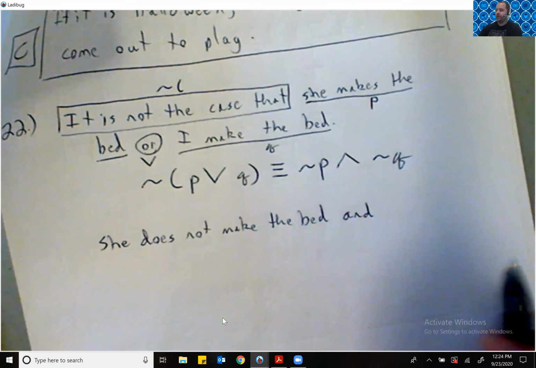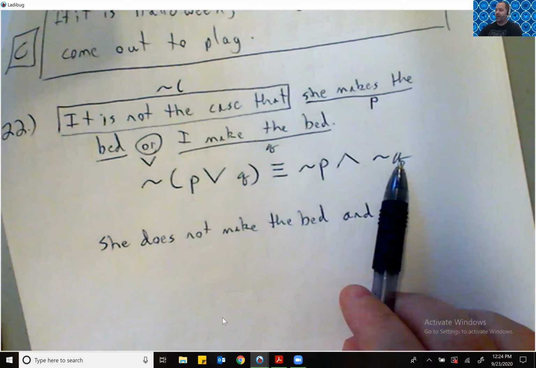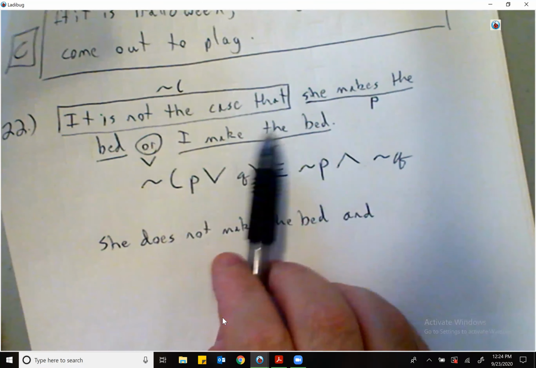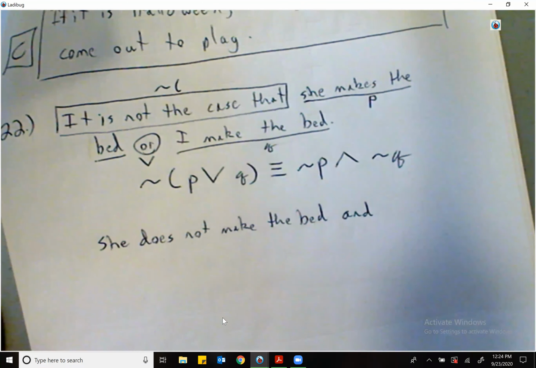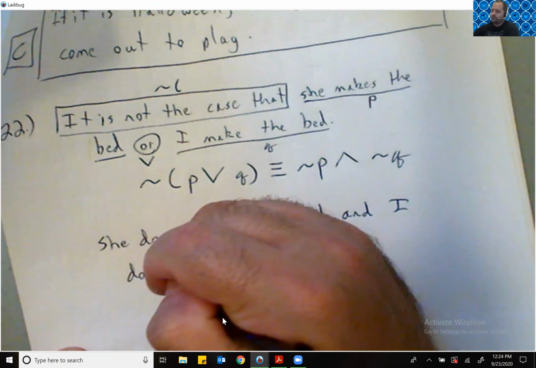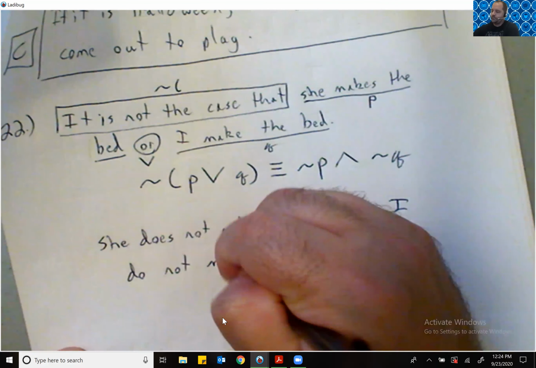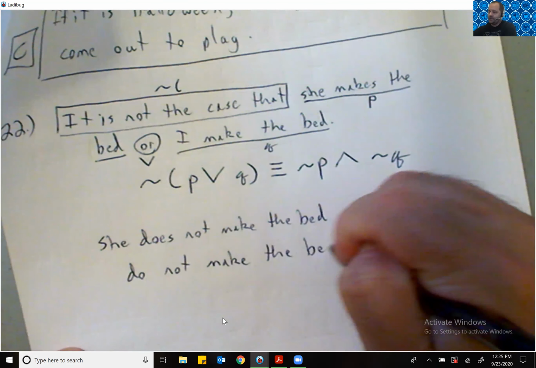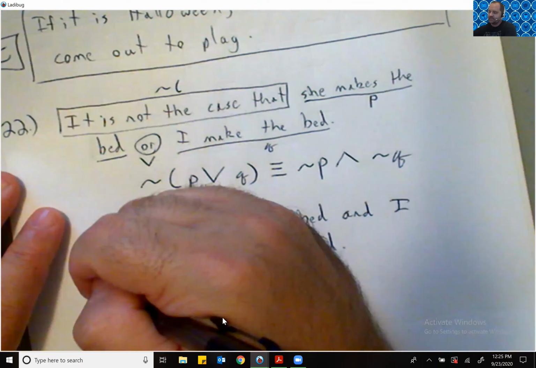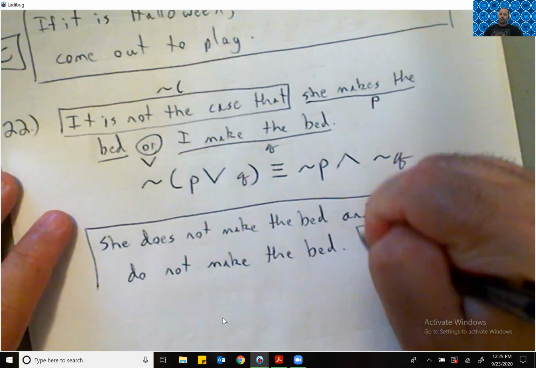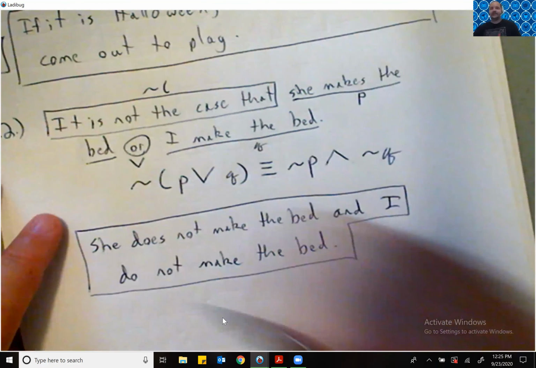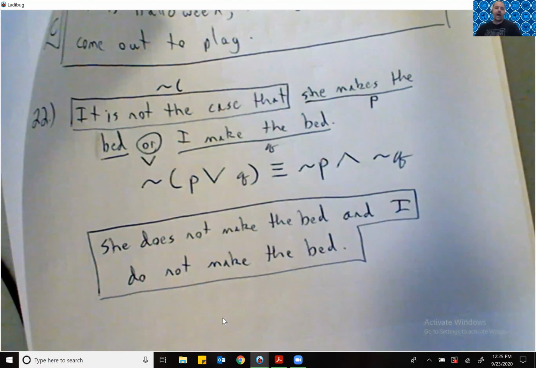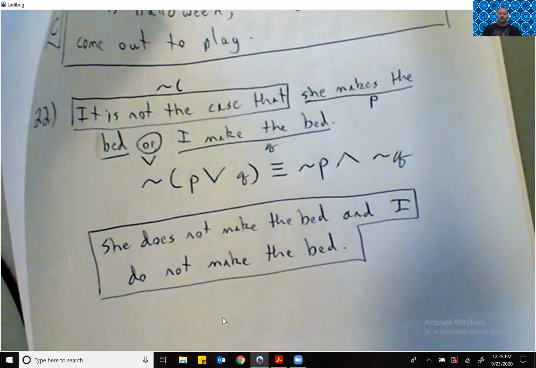Negate Q. Q was I make the bed, so I do not make the bed. There you go. That's the sentence we're looking for. She does not make the bed, and I do not make the bed.